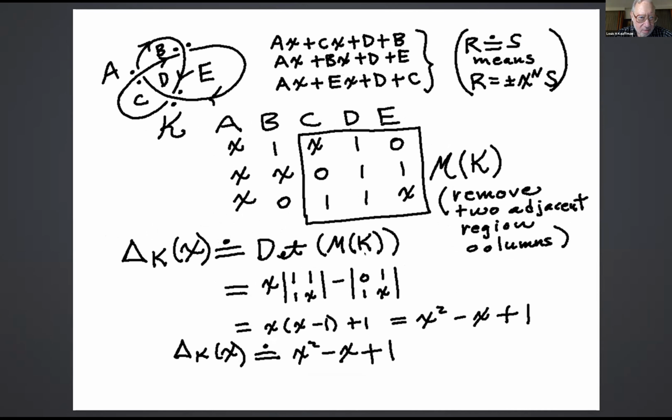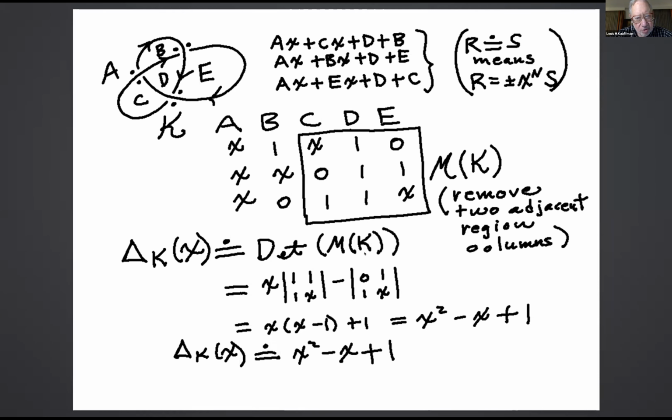Alexander would write module relations, one for each crossing, and then you could put them into a matrix in the usual way, where the columns of the matrix correspond to the generators of the module, and you place the coefficient of the module generator underneath it in that column. So the relation xA plus B plus xC plus D is the same as what came from the left vertex there. And you get 3.